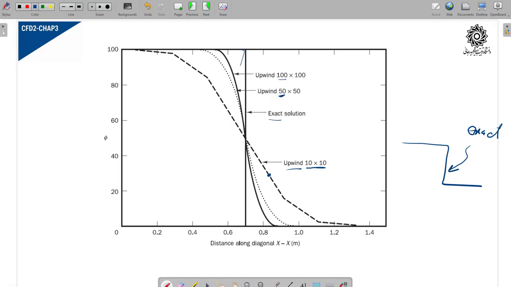This means in the upwind scheme, by increasing the cell number, the percentage error decreases.